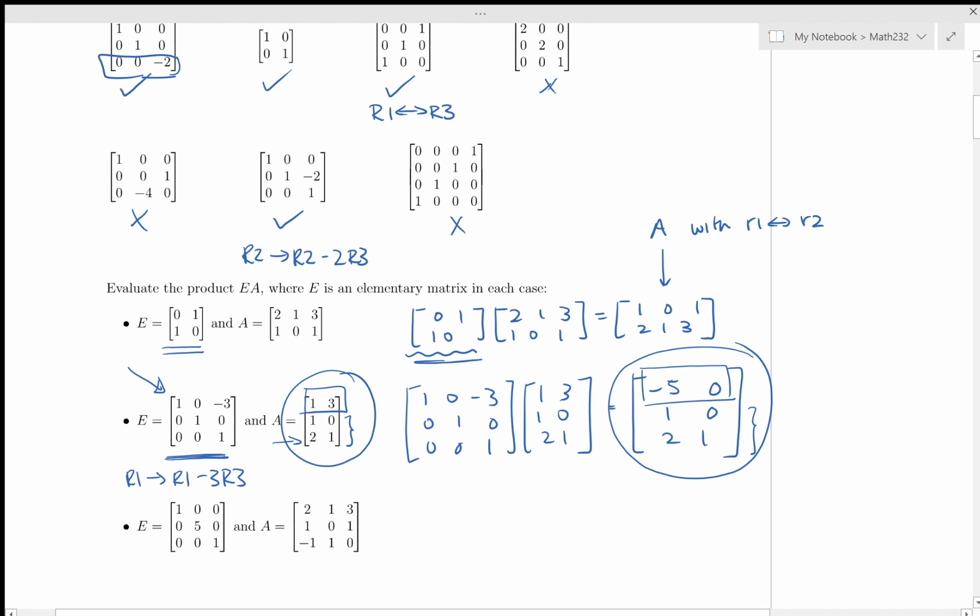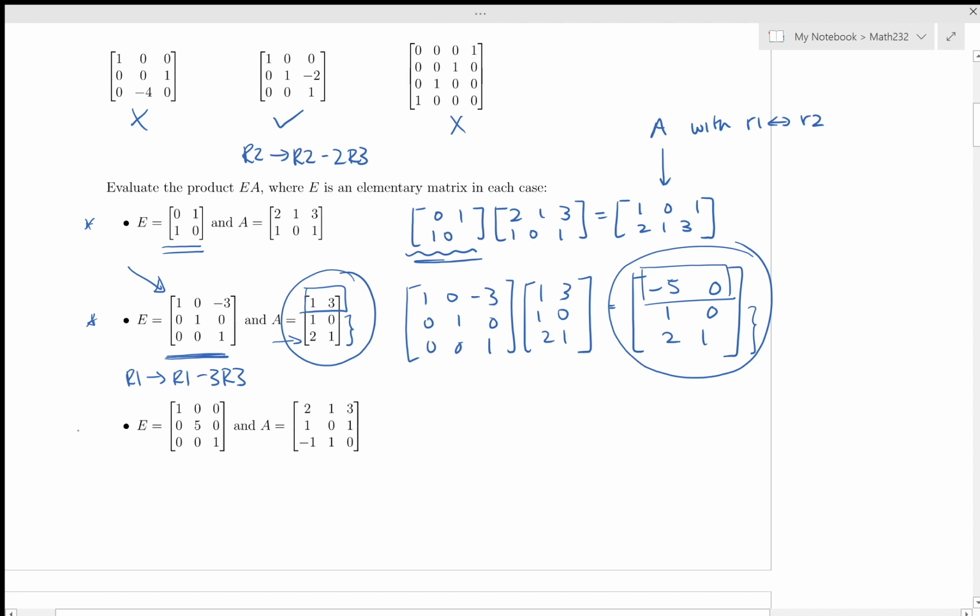Okay, let's do the final example. This one was swapping 2 rows. This one was adding a multiple of 1 row to another. This one is multiplying a row by a constant. We can see that this E here is the identity matrix with the second row multiplied by 5. So this is R2 as R2 times 5.